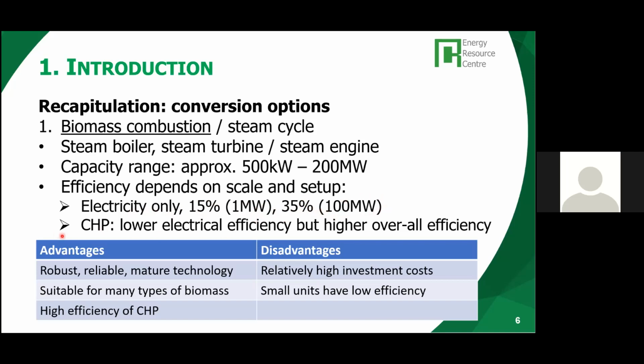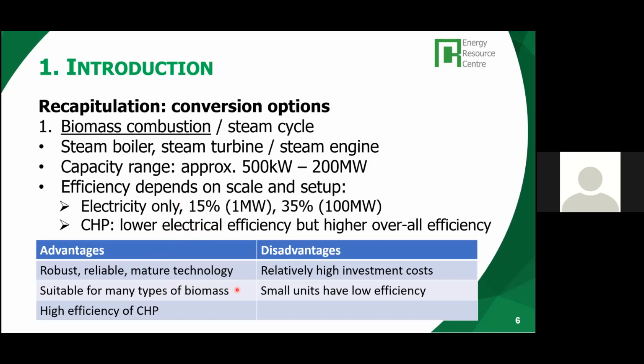But if you would have combined heat and power, you would produce steam at a certain pressure and temperature, and that means that you have somewhat less energy converted to electricity, so the efficiency on electricity will be somewhat lower. Specific advantages: technology is quite robust and reliable and mature. It's suitable for a very wide range of types of biomass.